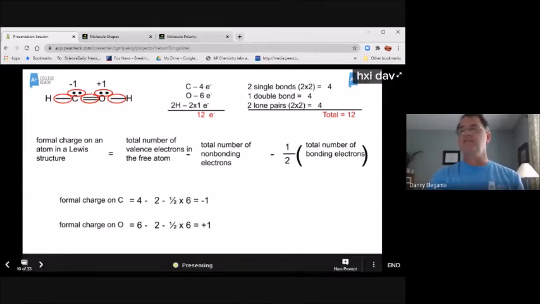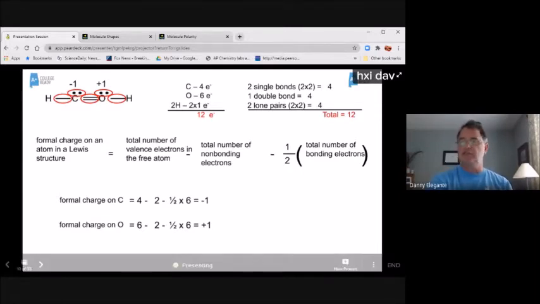And the oxygen would be 6 valence electrons, minus 2, because it has a lone pair above it, minus half of 6, because again, there's 3 bonds around the oxygen. And since there's 3 bonds around the oxygen, that's where that 6 comes in, because each bond has 2 electrons.